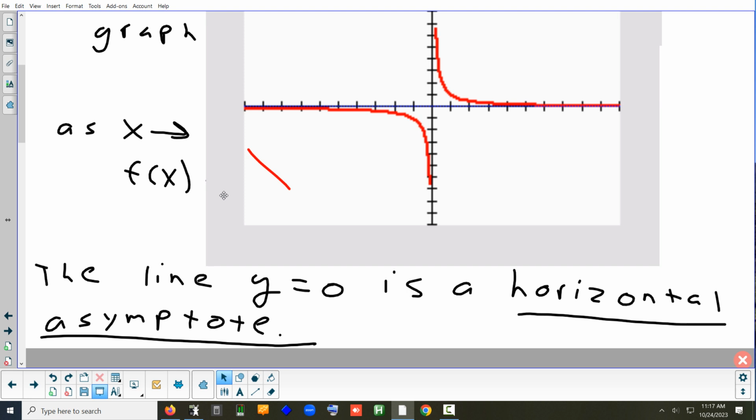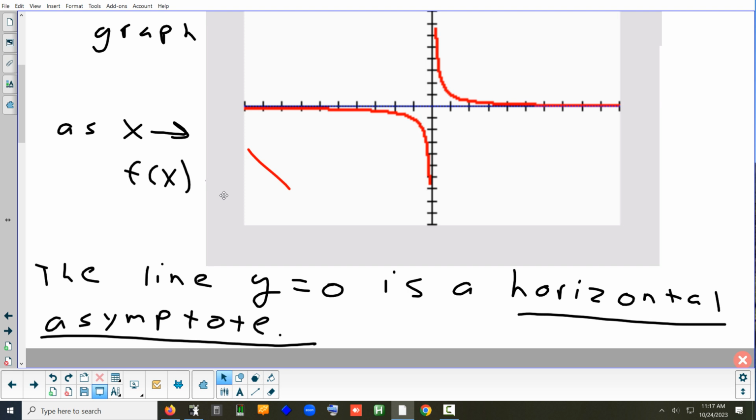So part of what we do in this section is we write the equations for 2 kinds of asymptotes, horizontal and vertical. Remember, when you write a horizontal, it has to start with y equals. So if that was a multiple choice question, and I said, tell me the equation of the horizontal asymptote, I would probably put y equals 0 as a choice and x equals 0 as a choice.